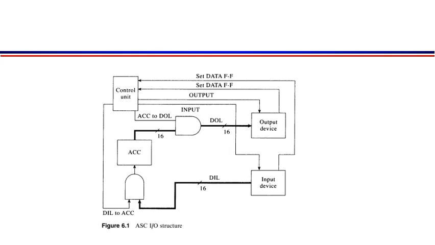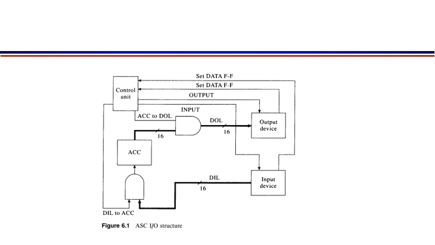So these two signals are for the input and output device activation, and accumulator to DOL and DIL to accumulator are used to transfer data from the accumulator and to the accumulator.